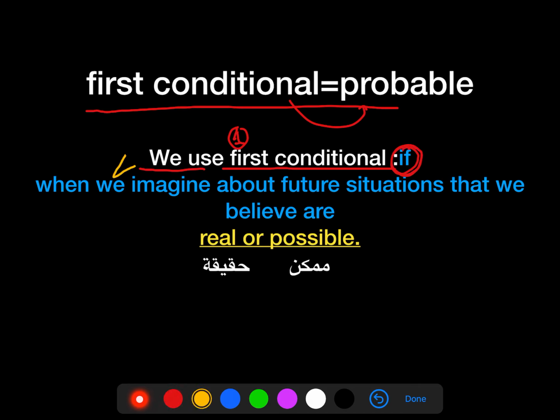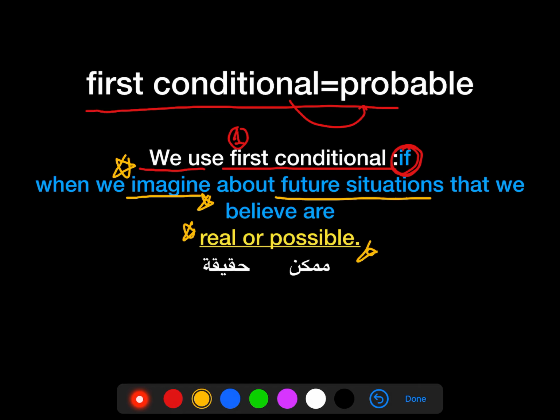This is the point when we imagine future situations that we believe are real or possible.